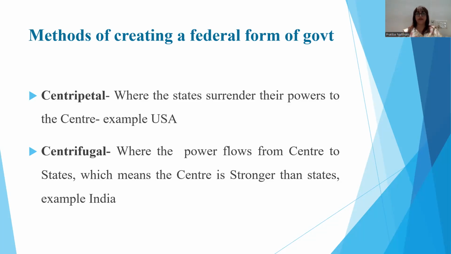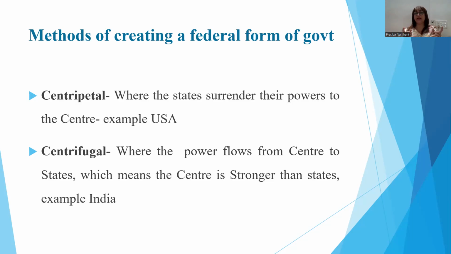Therefore, these 13 countries decided, let us come together. All 13 of us will come together. We will surrender some of our powers to the center, and we will create a central government. Thus, these 13 countries decided to adjust a bit with each other and create a new country. Therefore, it is called the United States of America.